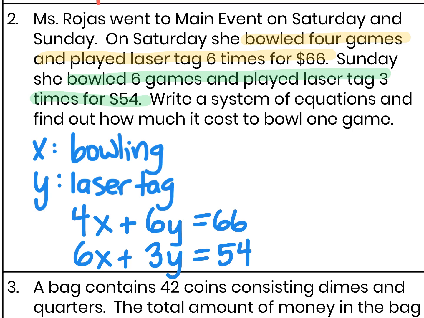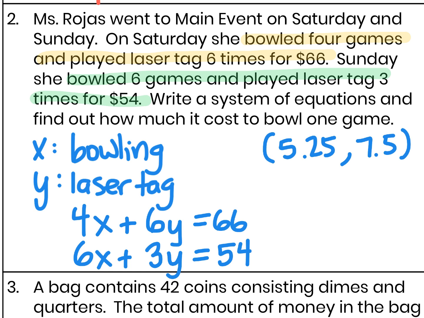So like I said before, writing the equations is the hard part, but once you have the equations, you can type this into the calculator and get your answer. When I type this into the calculator, I get the point 5.25, 7.5.